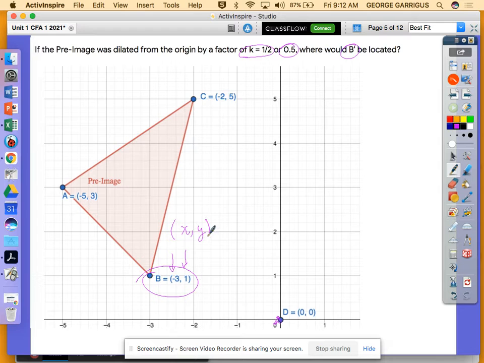You're going to apply the rule: for each of those coordinates, you multiply by 0.5 times your x, 0.5 times your y. So what is 0.5 times -3? That's your new x coordinate, and 0.5 times 1. That'll get you the new coordinates of B prime.